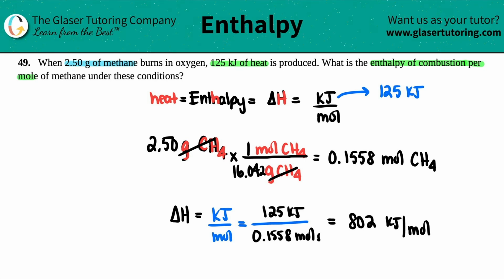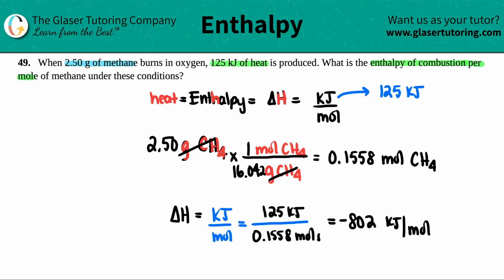The environment's going to get hot. So because it's exothermic, and mostly combustion reactions are exothermic, this has to be a negative 802 kilojoules per mole. The negative represents that there is a release of heat.